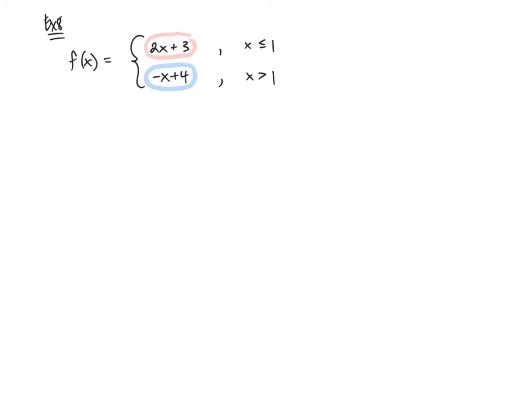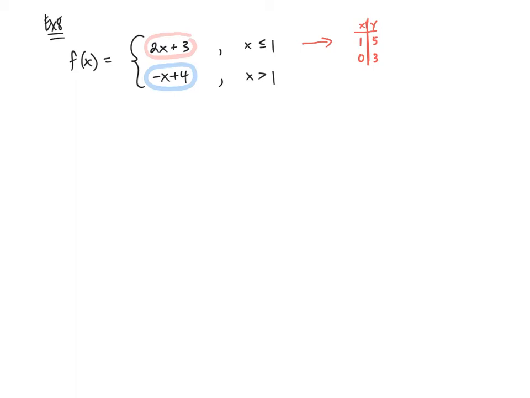So what I like to do then is, for this first one, I'm just going to make a little XY chart, and I need to pick x values that are less than or equal to 1. So I'll pick 1, and I'll pick 0. So when x is 1, y will equal 2 times 1 plus 3, so that's 5. When x is 0, y will equal 2 times 0 plus 3, which is 3. Okay, that gives me 2 points to graph.